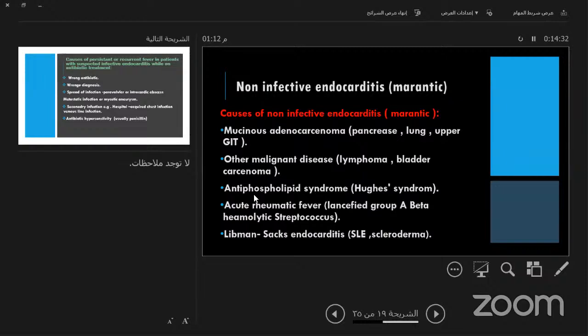Causes of non-infective endocarditis: marantic, first, mucinous adenocarcinoma in the pancreas, lung, or upper GIT, other malignant disease like lymphoma and bladder carcinoma, antiphospholipid syndrome, Hughes syndrome, acute rheumatic fever caused by group A beta-hemolytic streptococcus, and Libman-Sacks endocarditis in SLE and scleroderma.